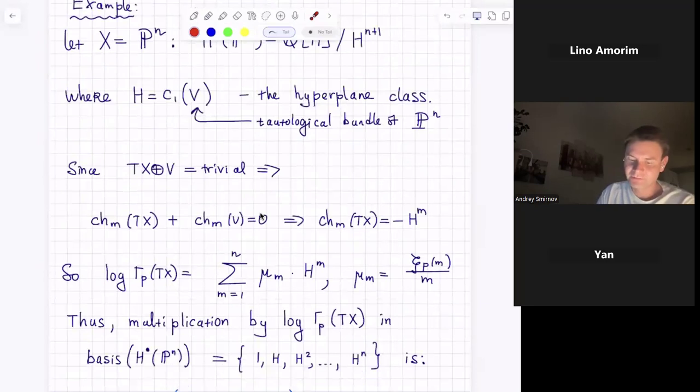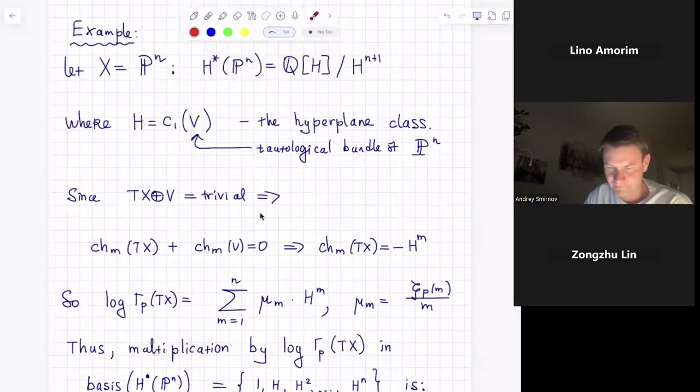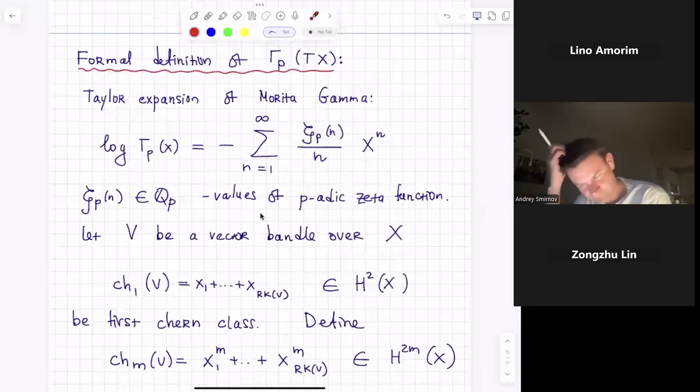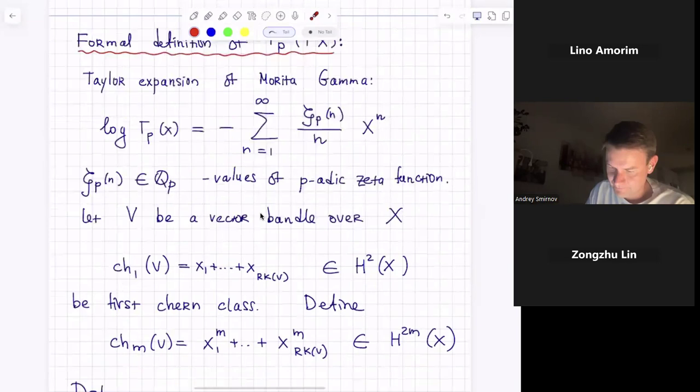So in particular, that implies that in the definition of this p-adic gamma class, the summation is taken with the zeta function, the summation from the previous slide. Yes, here. The summation runs as before, but you replace x to the nth power by the Chern character.